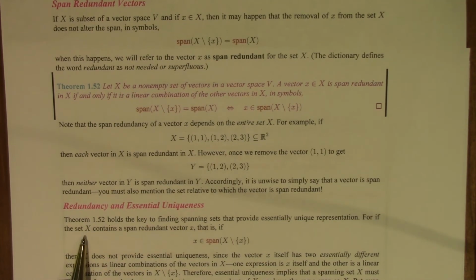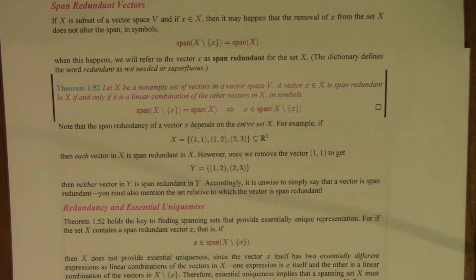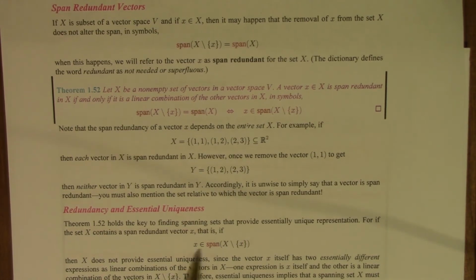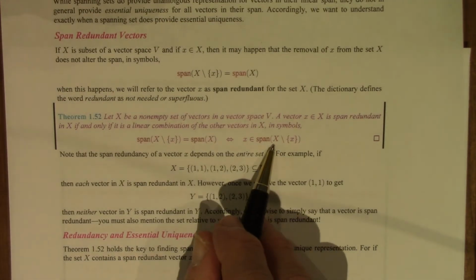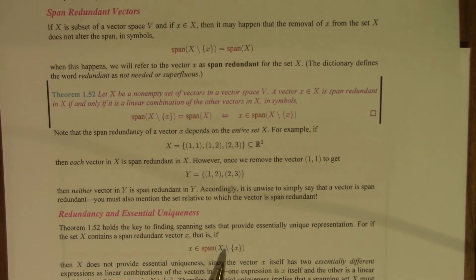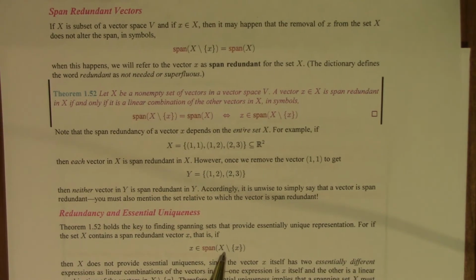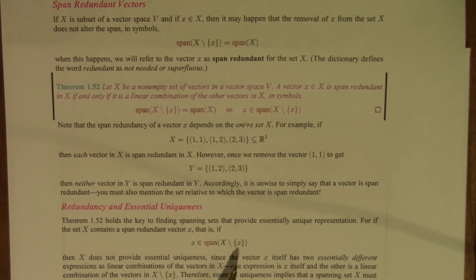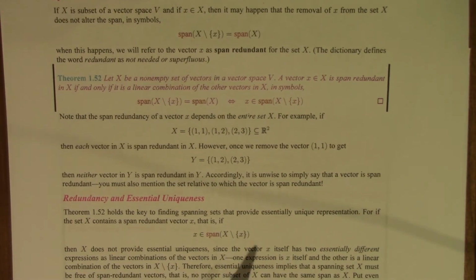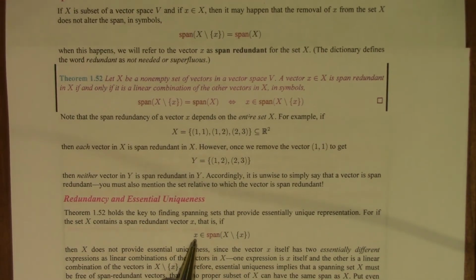For if a set X contains a span-redundant vector, little x, then this theorem tells us that little x is a linear combination of the other vectors in capital X. But now we don't have essentially unique representation. Little x itself has at least 2 representations.